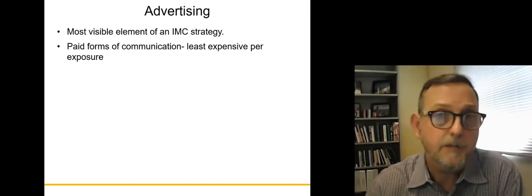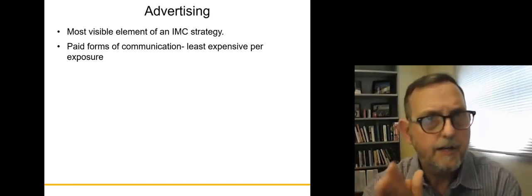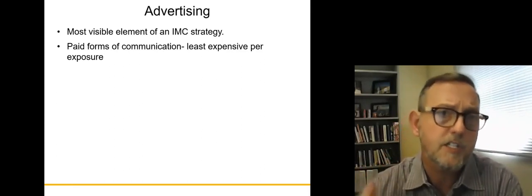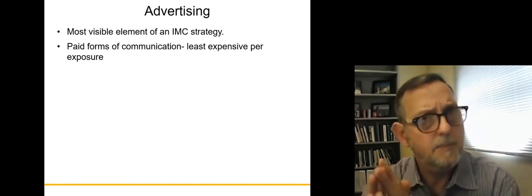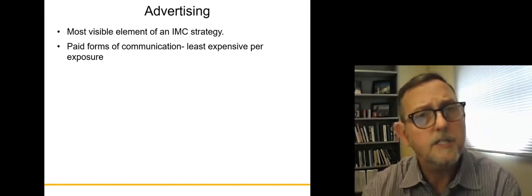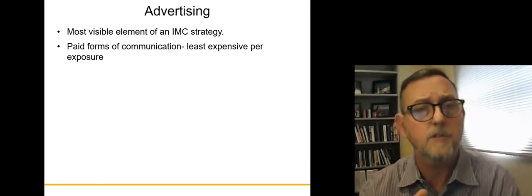These are paid forms of communication. Typically, we want to send a message out and we want it to reach lots and lots of people. So our cost per exposure using this medium or channel type is the lowest because we're reaching lots and lots of people all at once.